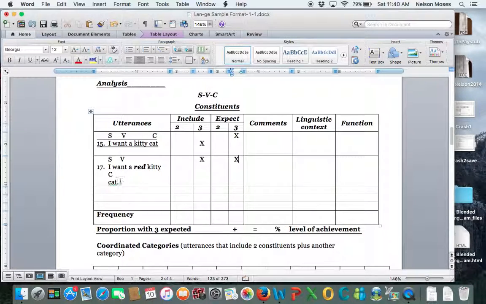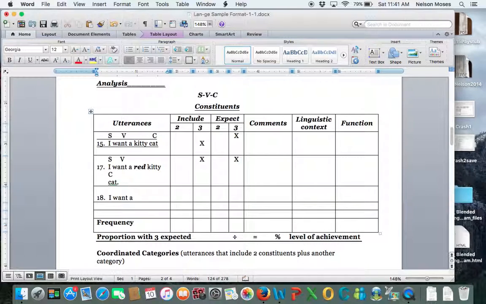But say number 18, the child said, I wanna. Now, I wanna has at least two constituents related to a verb, the subject and the verb, but the child left out the complement.